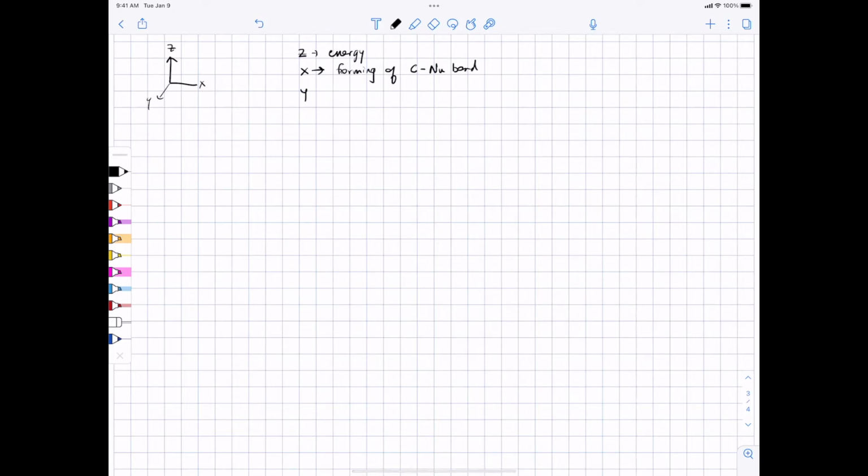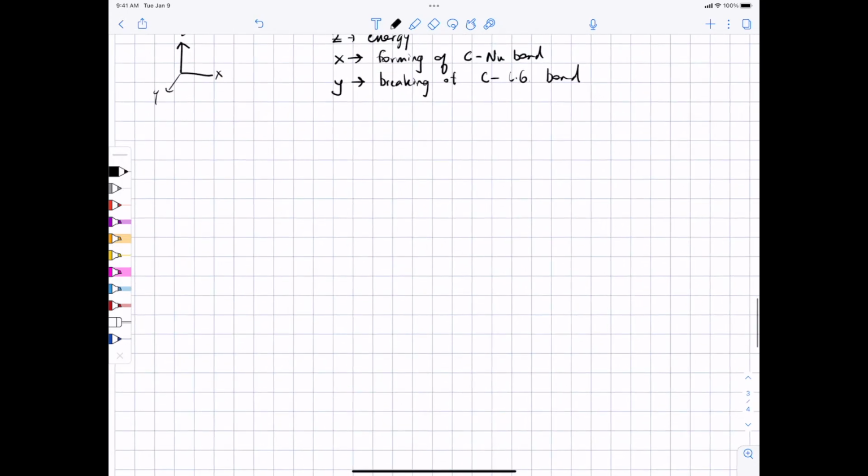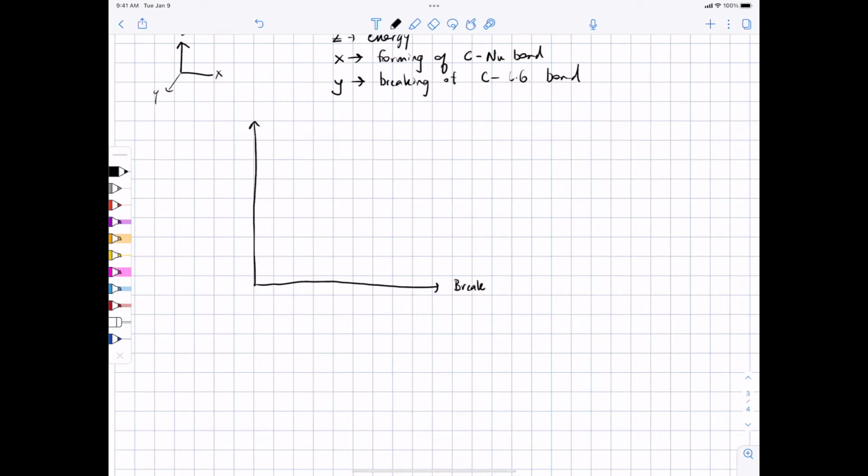And along the y-axis, we're going to have breaking of a carbon leaving group bond. Okay, so if we think about this energy landscape, oh, I got it wrong. We're making the nucleophile bond.